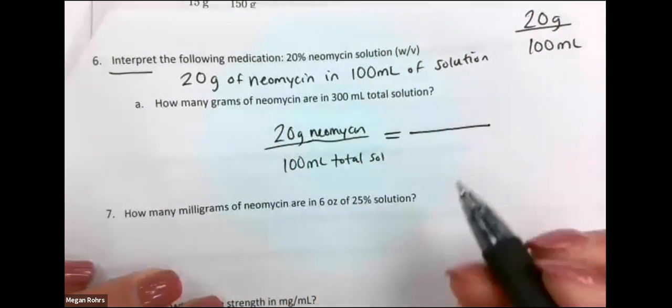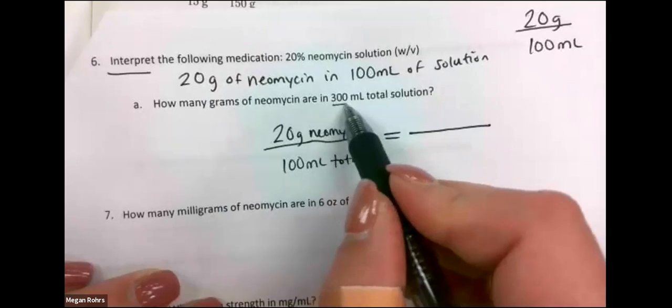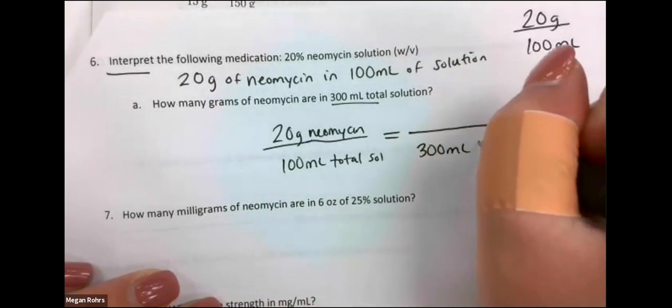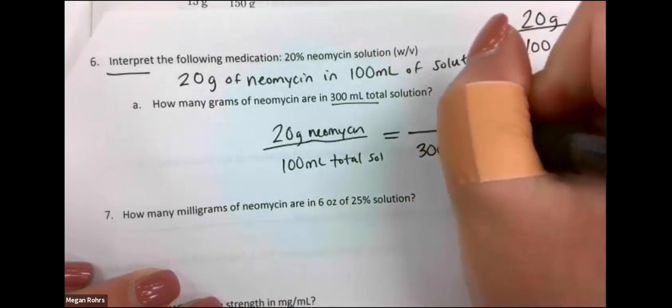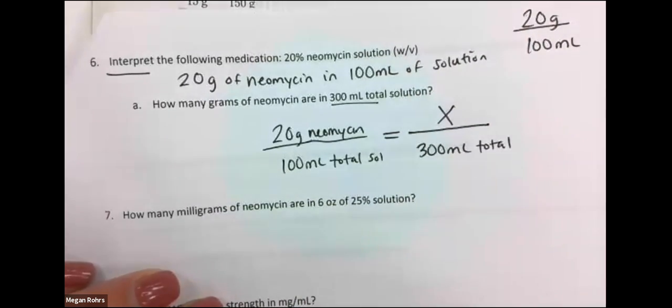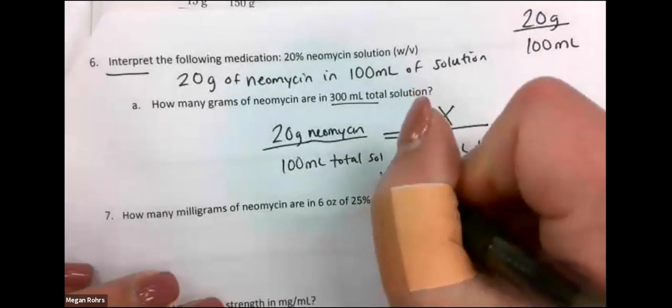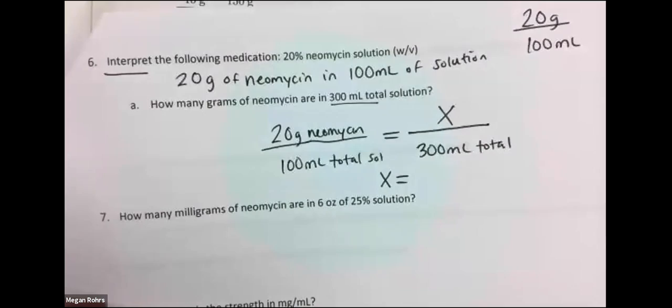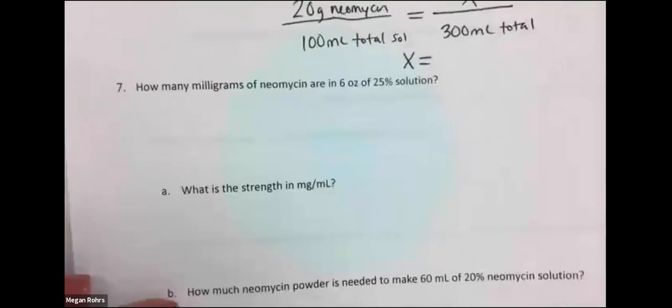And we're going to set that equal to our 300 mils of total solution, and then solve for x. You should be able to solve for that one on your own. So just make sure you write out your answer and circle that. And then we can move on to number 7.